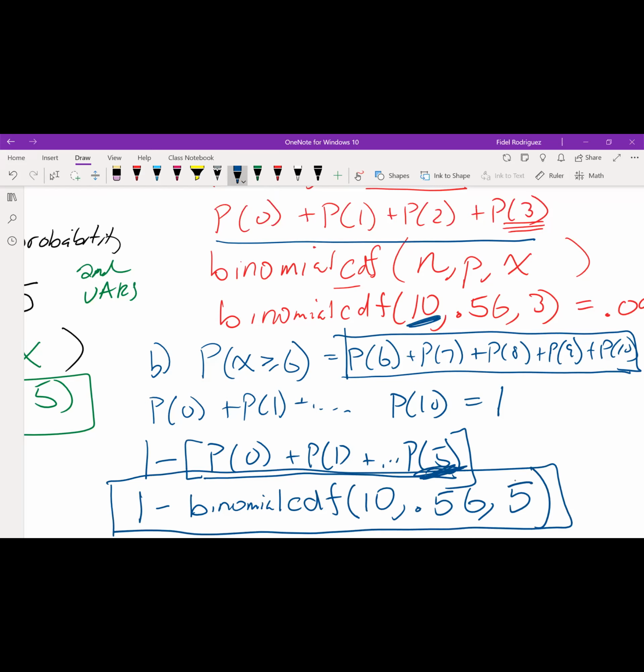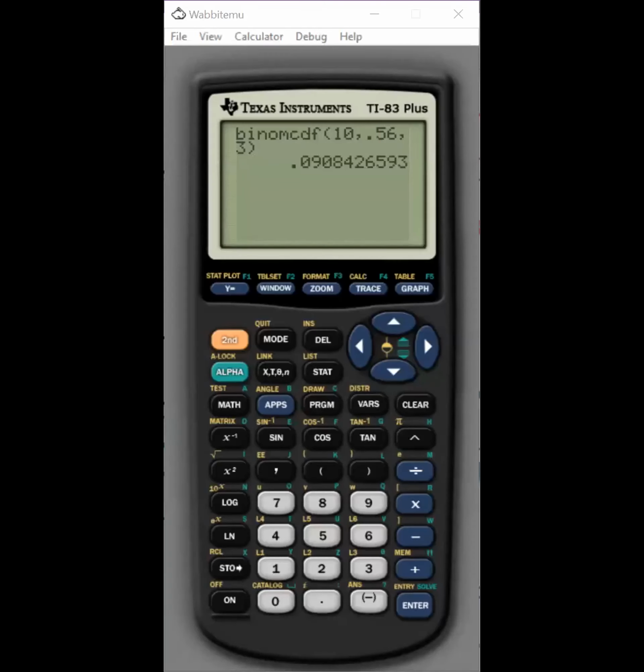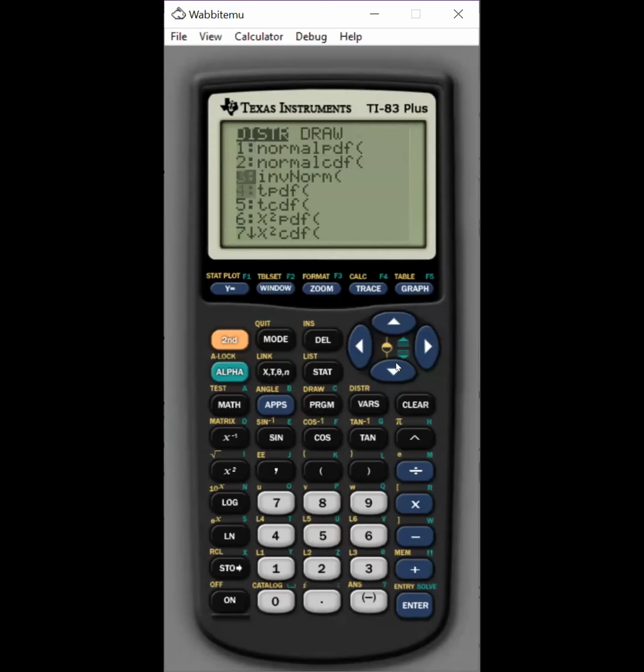Let me stop sharing that and pull up the calculator one more time. The way I was going to enter this in: 1 minus second bars, scroll down to binomial CDF, and we had 10, comma, 0.56, comma, 5.